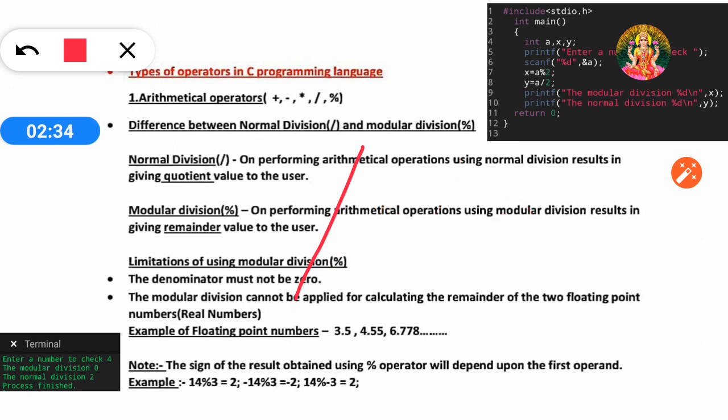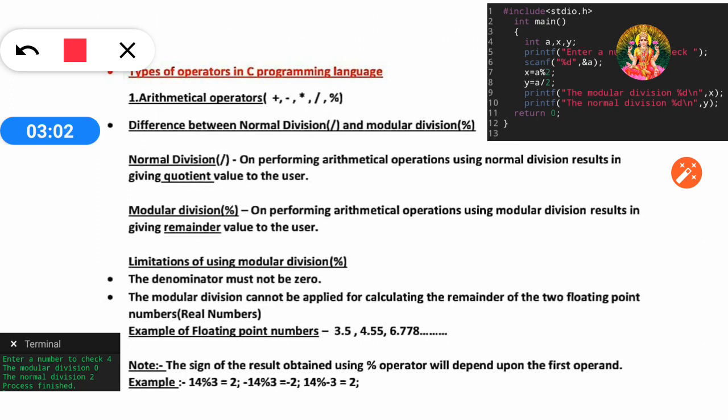now as I've already introduced the two types of division in C language, after that we will discuss the difference between them. Now what is a normal division and what is a modular division all about? See students, normal division provides us the result in quotient.